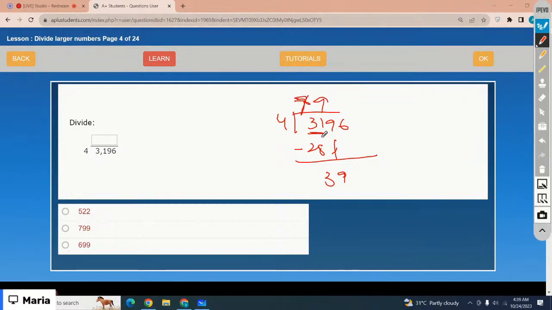We can go for 4 times 9. 4 times 9 is 36. 39 minus 36 is 3 again. 6 down. 4 times 9 is again 36. So the correct option is 799. So the correct option is 799, right?